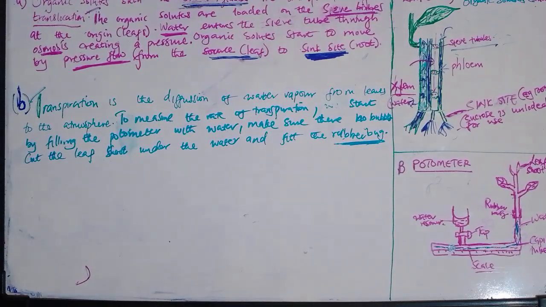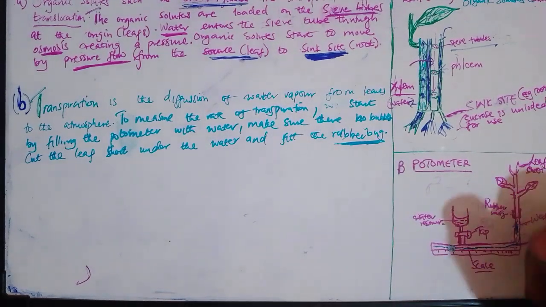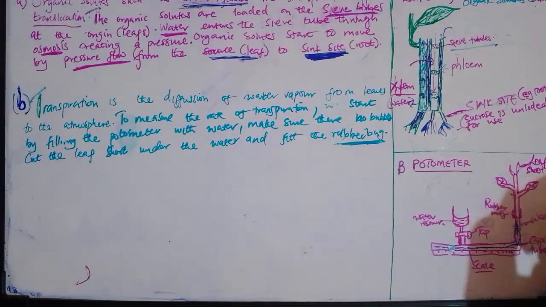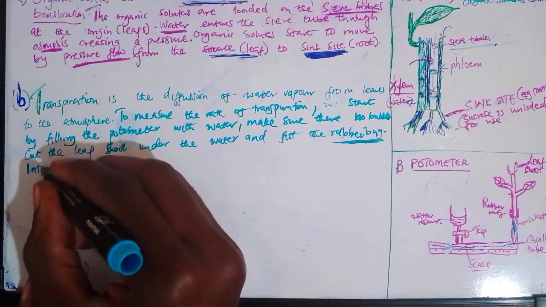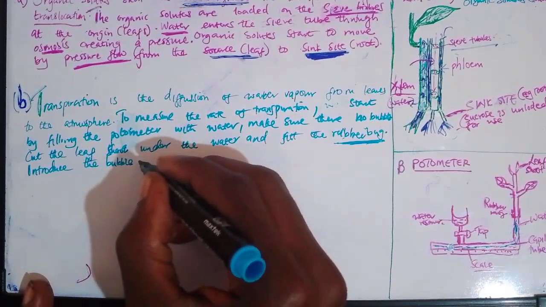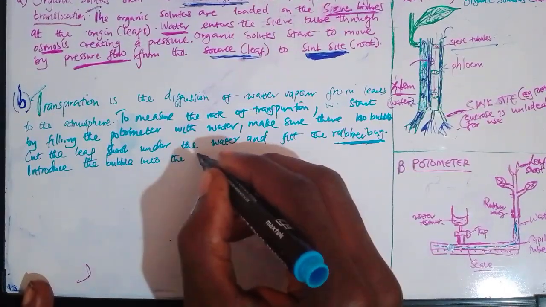So once you insert it inside the capillary tube, you can now open the tap so that you can measure the distance the bubble moved. That is what we can use to measure the rate of transpiration. So what are we saying? So the first step after you have cut the leaf shoot, introduce the bubble into the capillary.